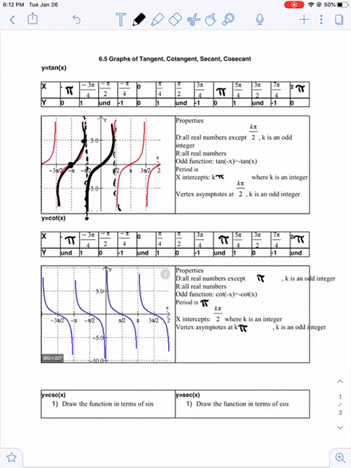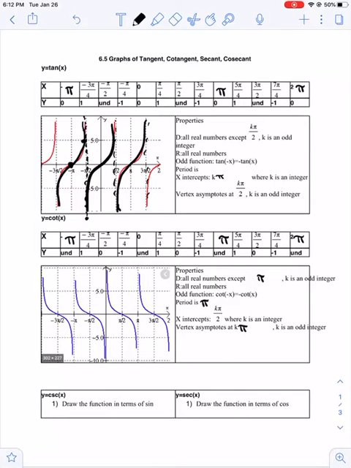And so the period of tangent is pi, because every pi distance, you have another similar graph. So the domain is our x values, and it's all real numbers except at those asymptotes, nothing's happening. And that's at pi over 2, 3 pi over 2, negative pi over 2, negative 3 pi over 2.